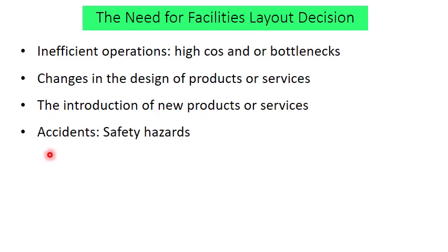This may be the reason to change our facility layout, or this may be an alarm for the firm that there is a need of facility layout decision. These are the overall circumstances that make the company decide on facility layout changes.